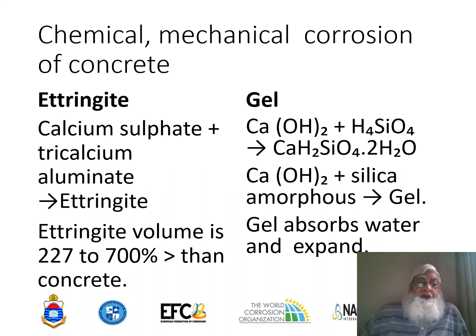It has a volume which is about 227 to 700 times larger than the concrete. So when this compound, right, with the expansive volume puts a pressure on the adjacent concrete, it tears off any of the concrete wall in there, no matter how strong that may be.